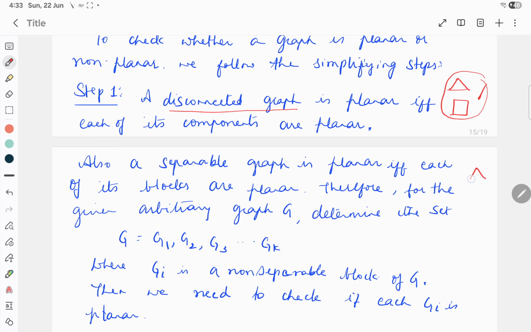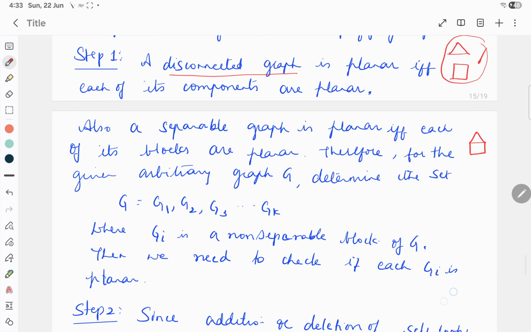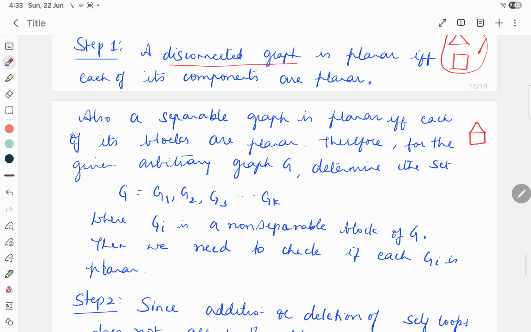Let me consider this graph. It is a separable graph because I have two blocks here, one triangle and one square. If both the blocks are planar, then we say that the entire graph is planar.